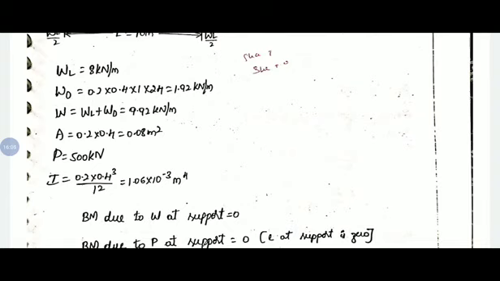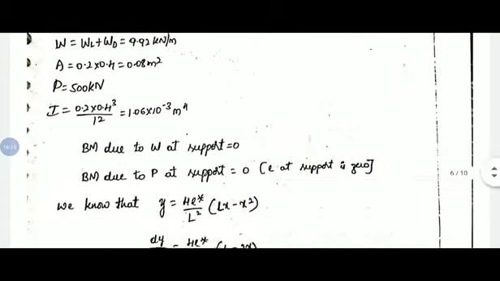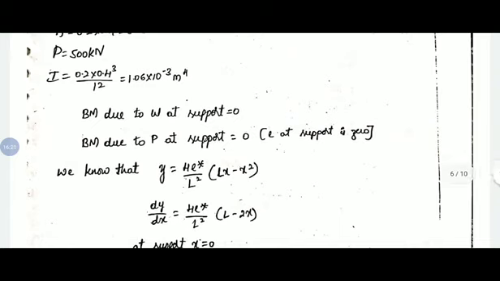Area of cross section and P, it is given pre-stressing force, I value is BD cubed by 12. So bending moment due to UDL for simply supported beam at support, it will be 0 as we know, and moment due to pre-stressing force at support, again since eccentricity is 0, bending moment due to P at support will also be 0.